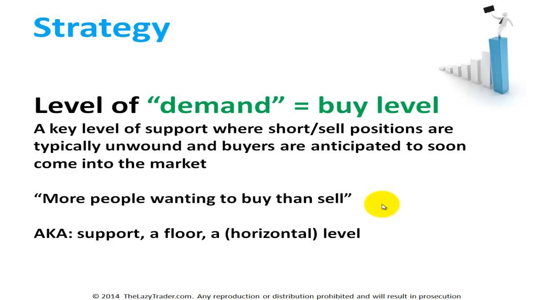Essentially, where there's a perception of value for the buyers to buy, then we can typically expect there to be a level of demand. And these tend to occur around key levels of support, i.e. a horizontal level with a minimum of 2 touches. We can also call a level of demand a support level, a floor, or just merely a horizontal level.